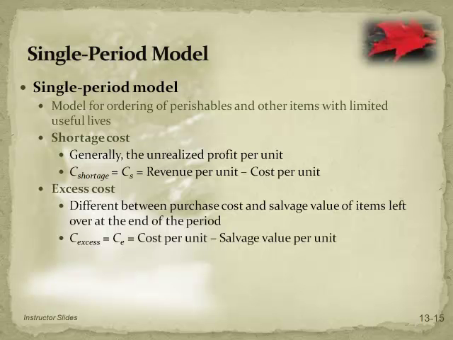This is applicable when the things that we are ordering are perishable, meaning their value decreases in time. Let me give you an example of an item whose value decreases in time, and that is newspapers.